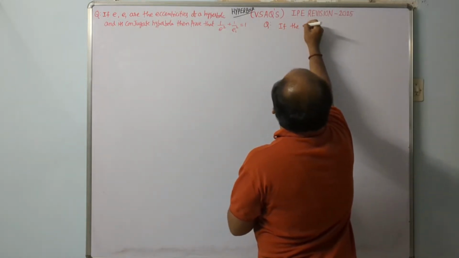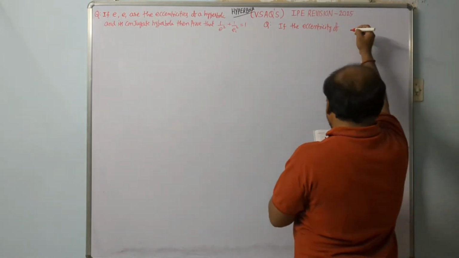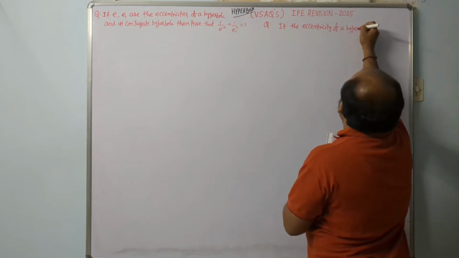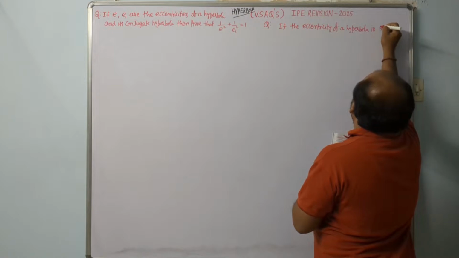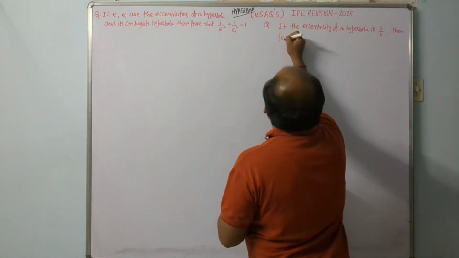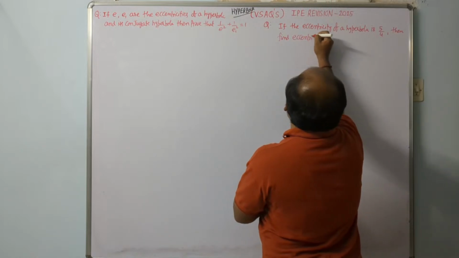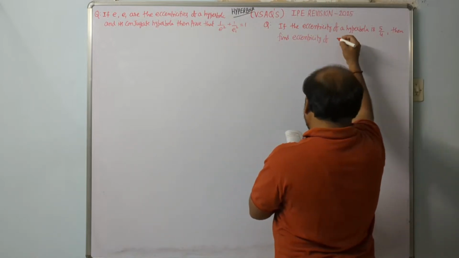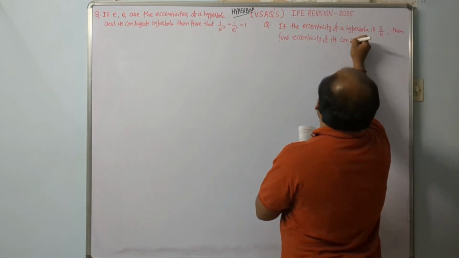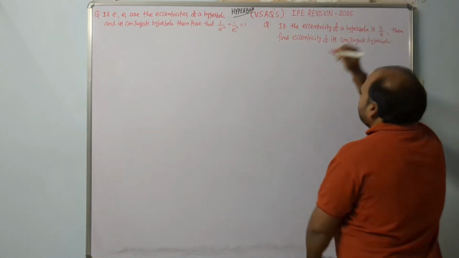If the eccentricity of a hyperbola is 5 by 4, then find the eccentricity of its conjugate hyperbola. So these are the questions, question and application, both important.